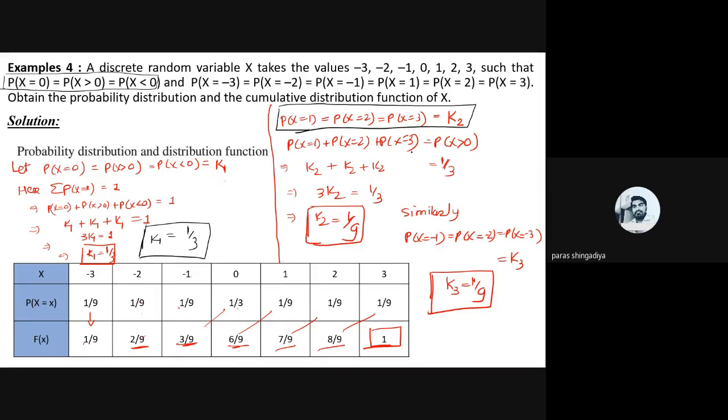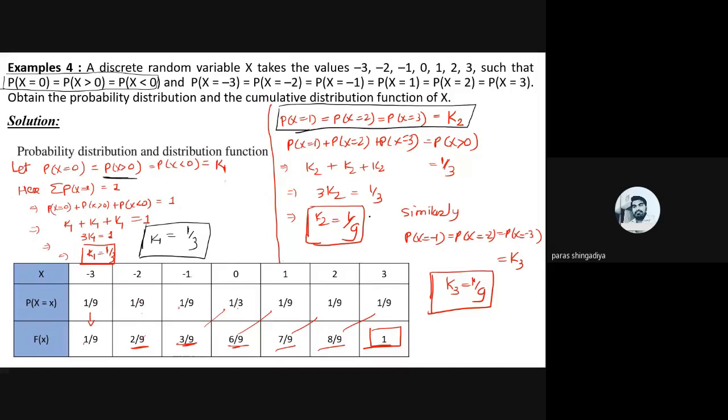Here I showed that the probability for x greater than 0 is equal to k1, and the value of k1 is 1/3. Okay, so 3 times k2 is equal to 1/3, so we get k2 equal to 1/9. So the probability for each positive random variable value is 1/9.